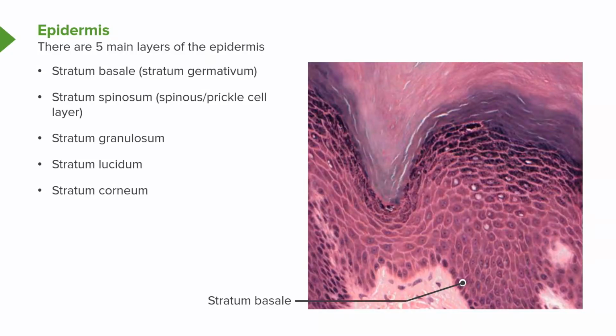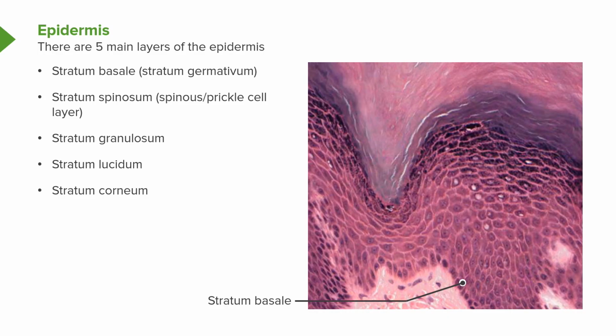It's a single layer of epithelial cells, tightly bound to the underlying connective tissue, the underlying dermis, by very, very large numbers of hemidesmosomes. These are macular adherens, special bonding structures that bind epithelial cells to the underlying connective tissue.